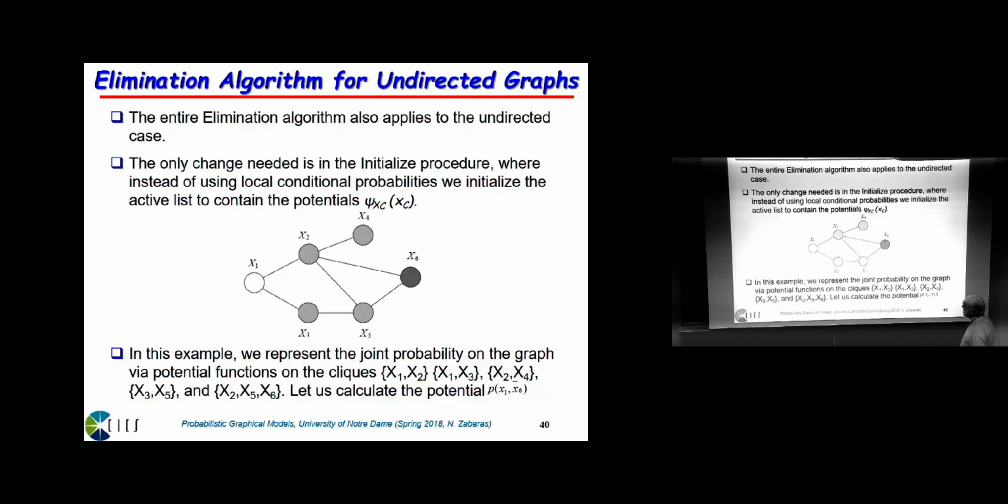But let me just state it, all right? Again, we're going to be a little bit ahead of schedule here, and we will come back to this in detail. In directed graphs, remember we had the probability of every node x given its parents. In undirected graphs, the joint probability distribution is factorized in terms of potentials defined over maximal cliques.